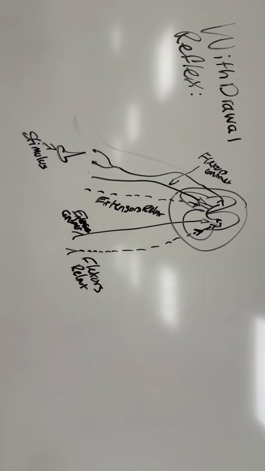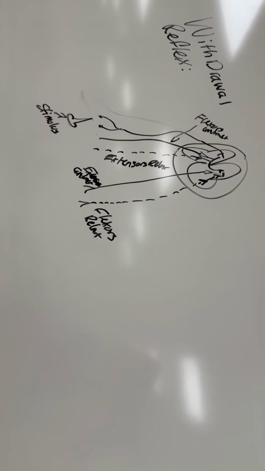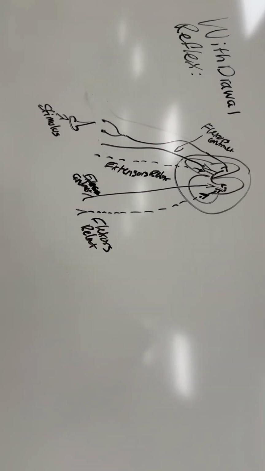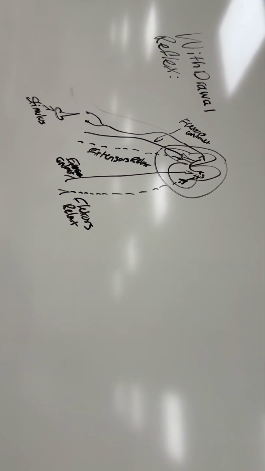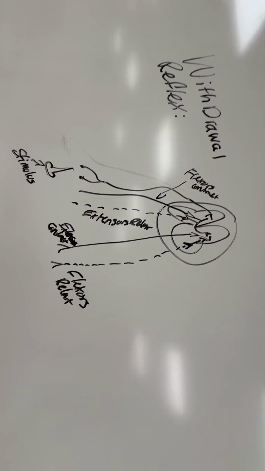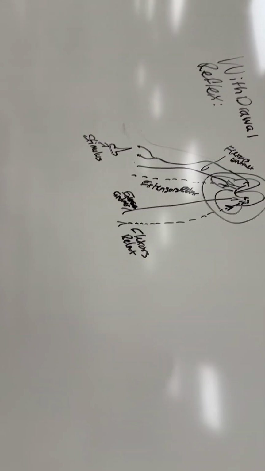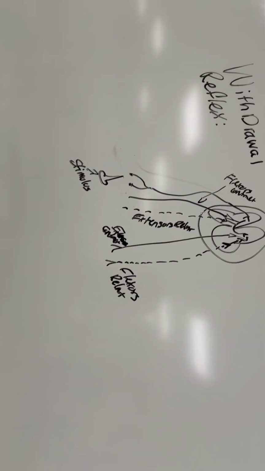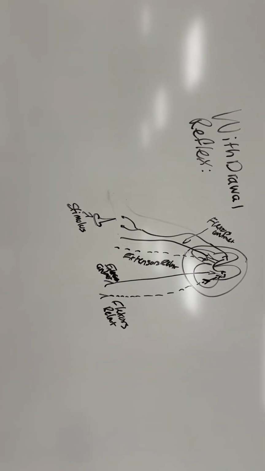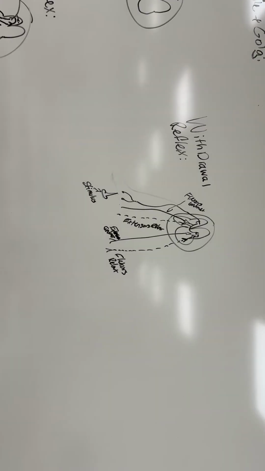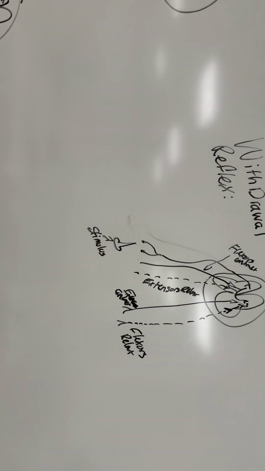And we're going to synapse on an interneuron that generates an inhibitory postsynaptic potential that is going to make the flexors of that other leg relax. And then we have another interneuron that's an excitatory postsynaptic potential that is going to cause our extensors on that balancing leg to contract. So it's opposites there on each side. And this is used for avoiding tissue damage.